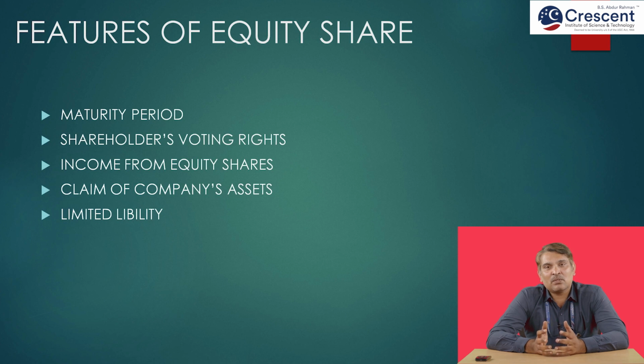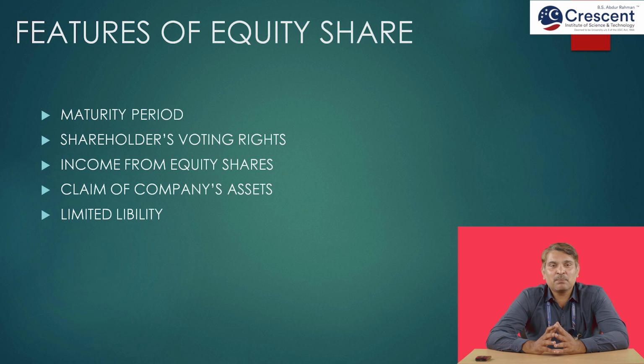You can pass on the share after your lifetime to your son or daughter, and they can pass it on possibly to your grandson or granddaughters. So like that, an equity share is highly negotiable. It can be passed on to several generations or sold to others. It doesn't have a maturity period.